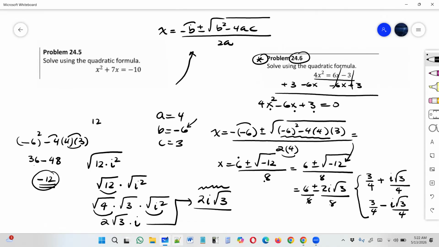Okay, so you saw in this example, which is a very good example, that it is possible to use the quadratic formula to solve an equation that's not factorable, this equation was not factorable, and that the answer required an imaginary number, as you can see over here. Okay, so this is the first part of section 24, where we learn how to use the quadratic formula. In the next video, we'll apply this to solving application problems.